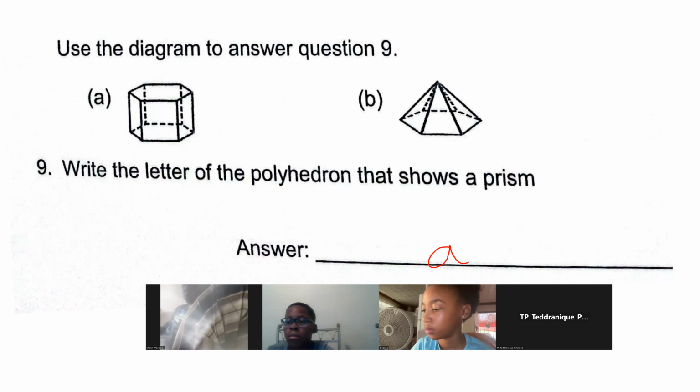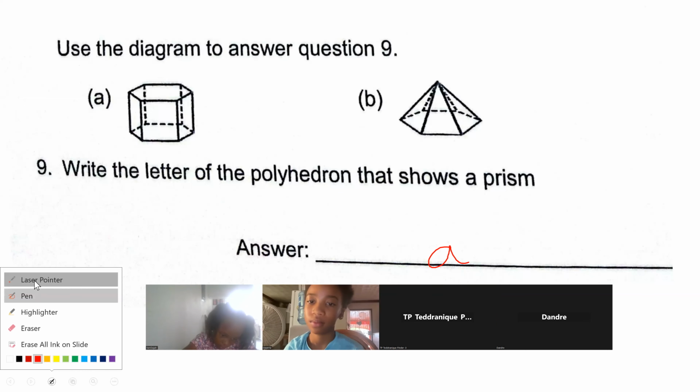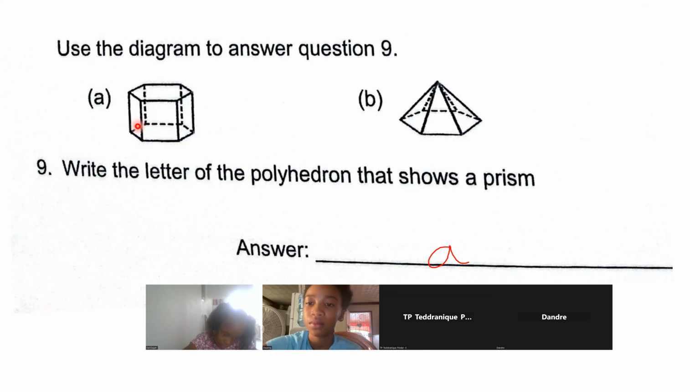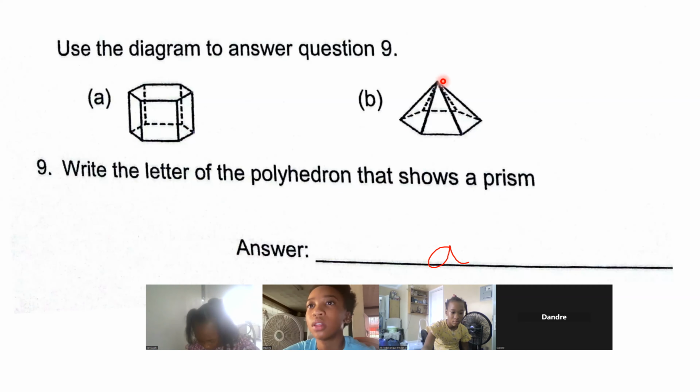The reason why it's a prism is because it has the same shape at the bottom as well as the top. The same two-dimensional shape that's at the bottom is the same one at the top. But here, the same two-dimensional shape at the bottom is not at the top. We have a pointed top. So it's not a prism.